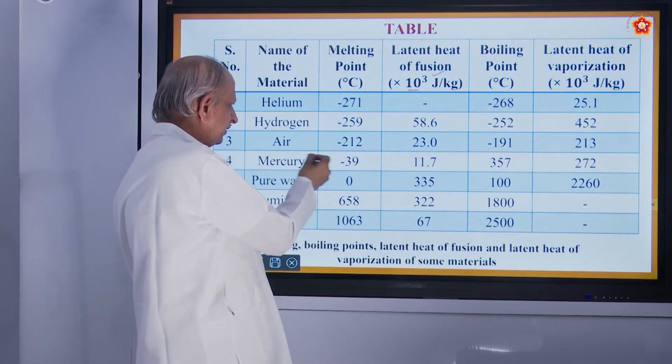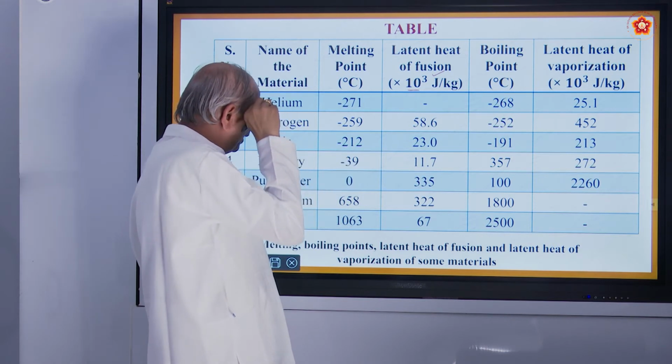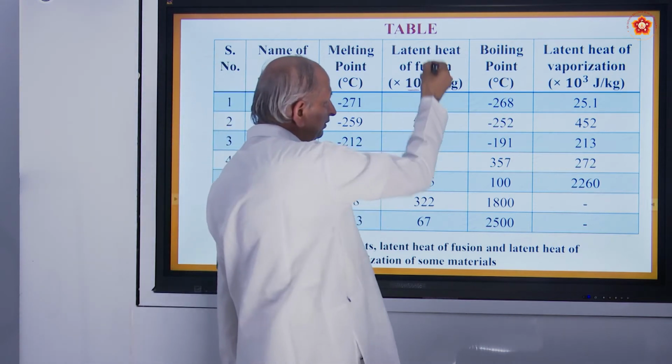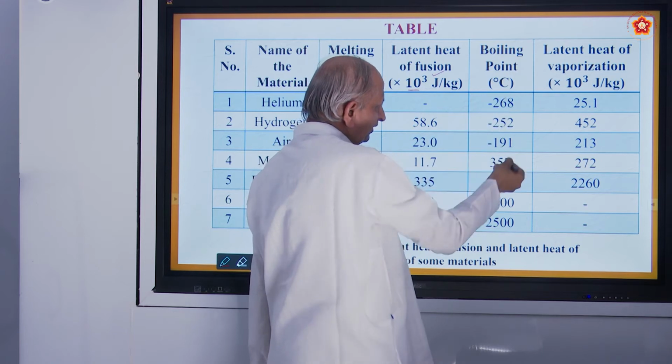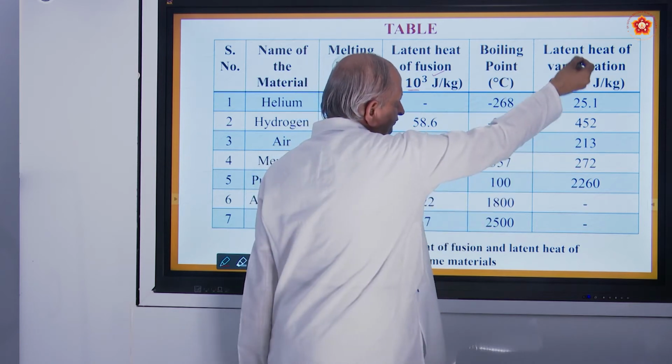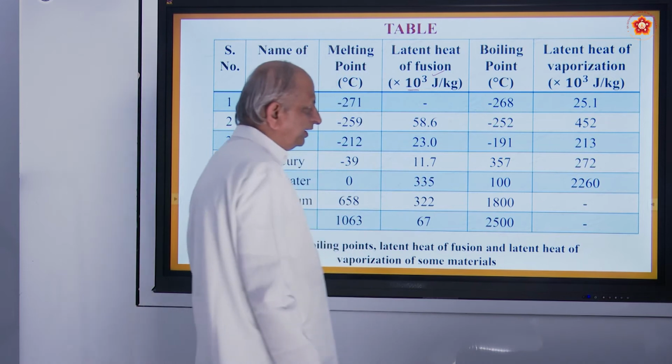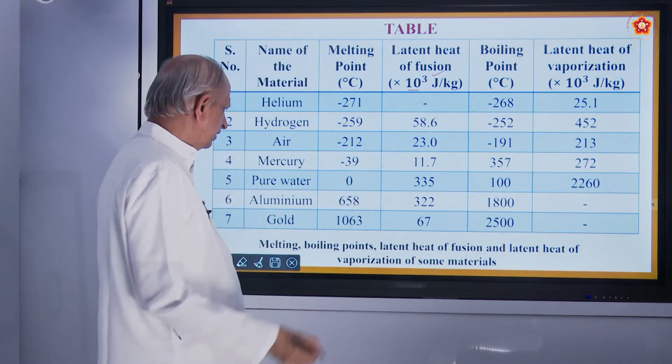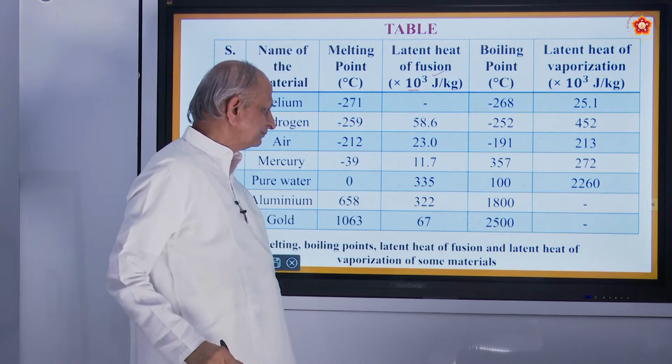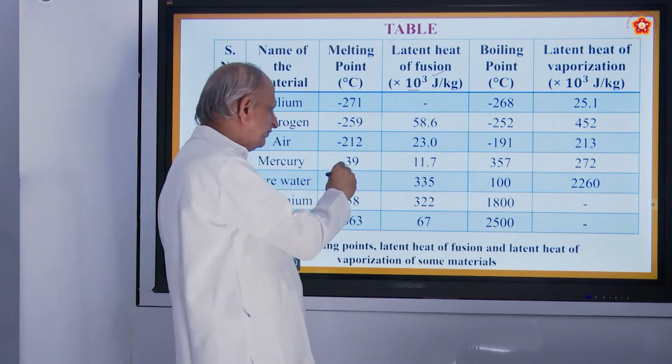Mercury: minus 31 melting point, 11.7 is the latent heat, 357 is the boiling point and 272 is the latent heat of vaporization. Coming to water, pure water, melting point is 0 degrees Celsius.